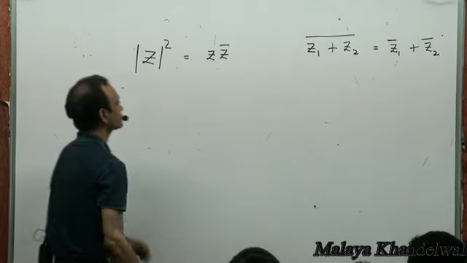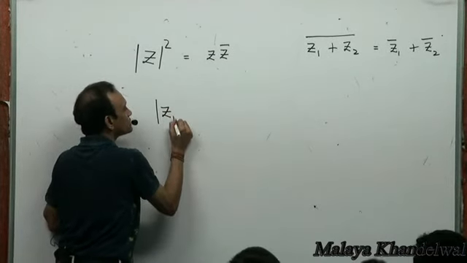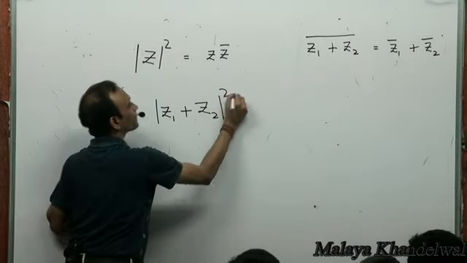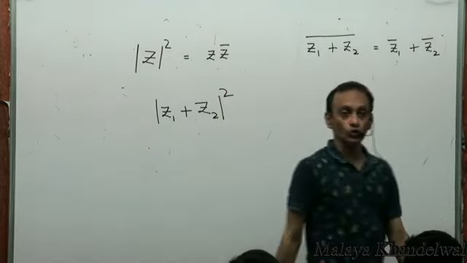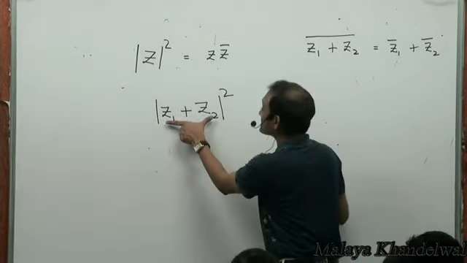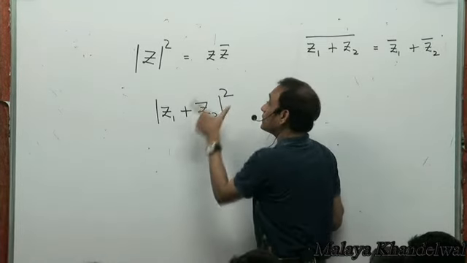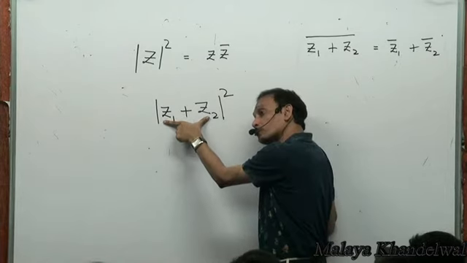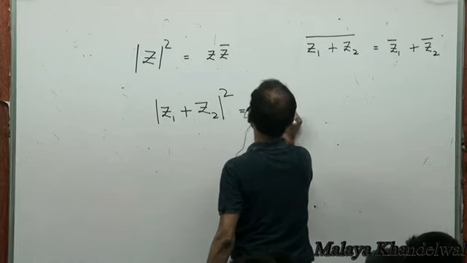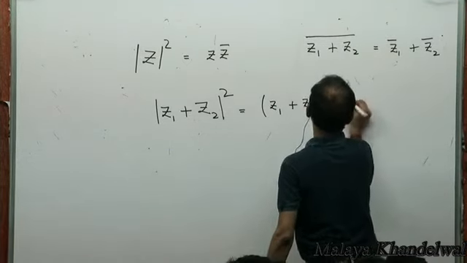Now, let me look at mod of z1 plus z2 whole squared. z1 and z2 are two complex numbers in general. Now, if this is z, then mod of z squared would be z z bar, meaning this into bar of this. Yes or no? So this is going to be z1 plus z2 into bar of z1 plus z2.